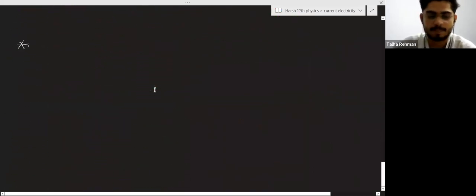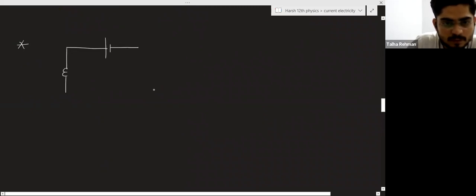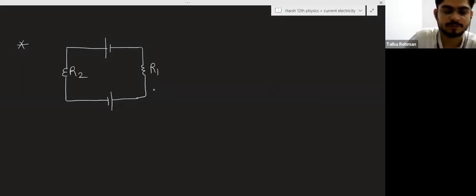So now let's see. I am taking one example. Suppose we have a circuit like this. Here one cell is connected like this, and this is suppose R1 and this is R2.